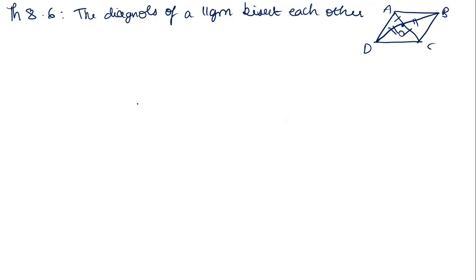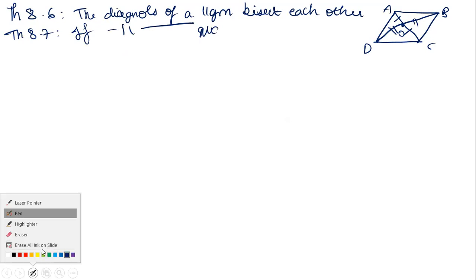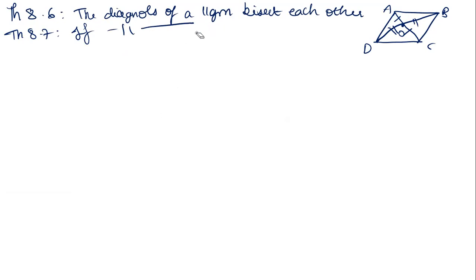Clear? Now, theorem 8.7, what does it say? Theorem 8.7, if diagonals of a quadrilateral, just one second. See this sign, right? This sign means that it's just a repetition of the words written above. So if diagonals of a quadrilateral, I think you all know this, right?